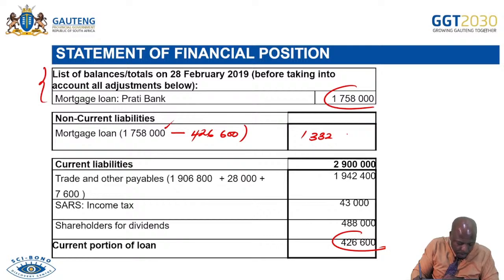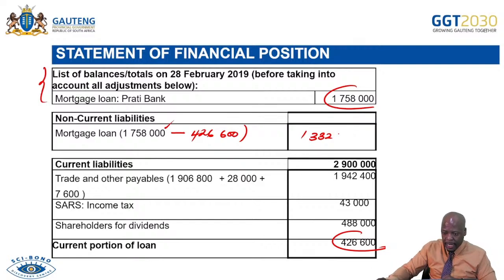1,332,000. All right, so because it's 426,600, then it's going to give, let's put it on the calculator.